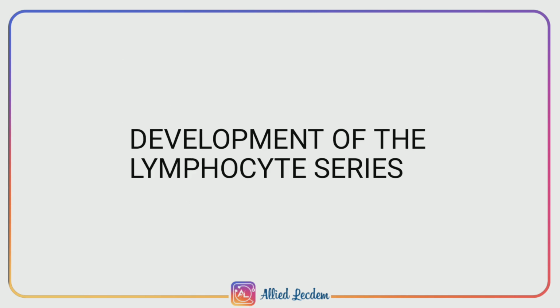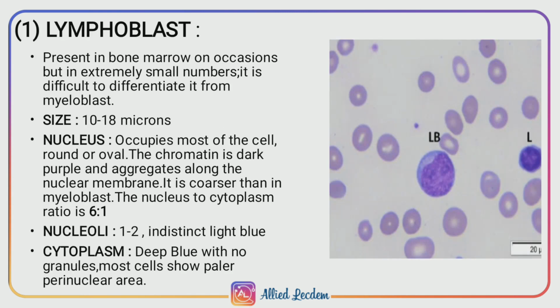Development of the lymphocyte series. Lymphoblast. It is the earliest cell of the lymphocyte series, and it is present in bone marrow on some occasions but in small numbers. It is difficult to differentiate it from myeloblast cells.